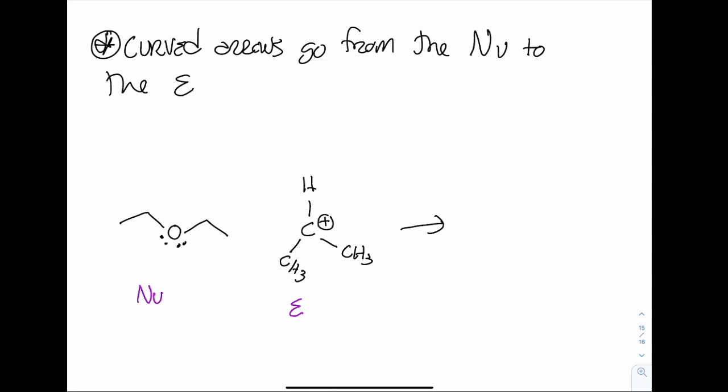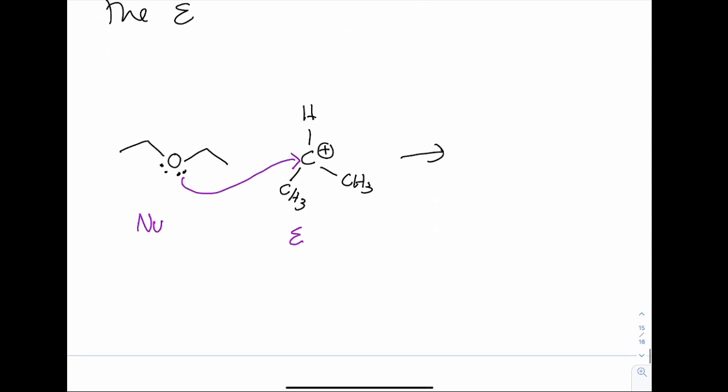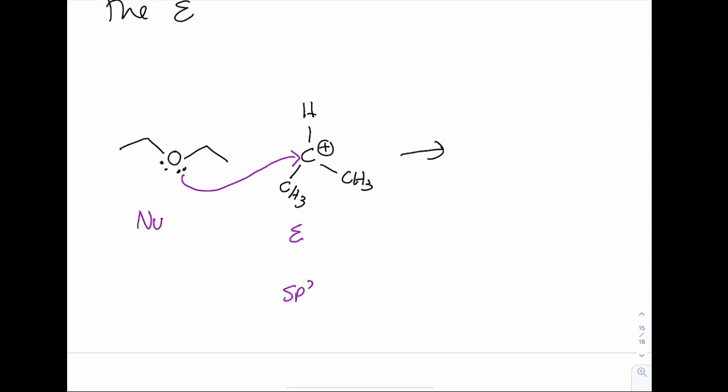And if I was to add my arrows for this, it's going to go from my nucleophile to my electrophile. So that's grabbing onto this. Because that carbon with the positive charge is sp2 hybridized, it does have an empty p orbital. So it is a Lewis acid, right? There's an empty orbital that can accept electrons.